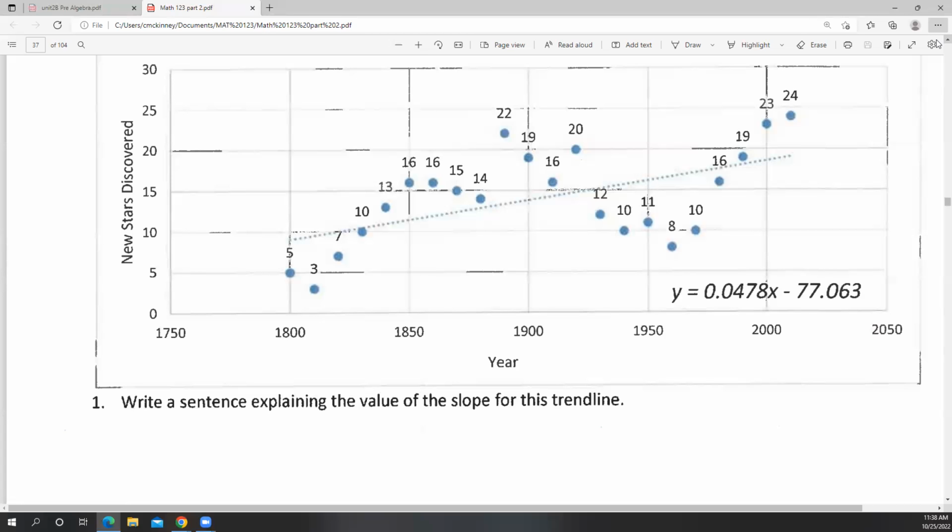So the slope for this trend line, if these are the years, might be written as: there are 4.78 stars discovered every 100 years.